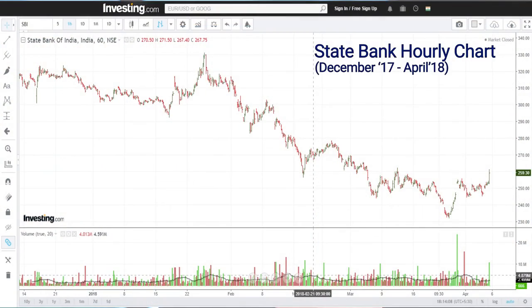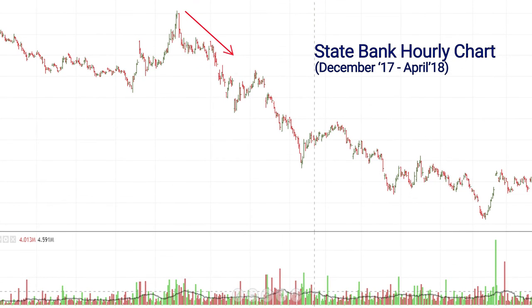For a bearish pennant, let us look at the State Bank of India chart here. As we can see in the State Bank of India chart, initially there was a down thrust movement, and then a triangular pennant formed, and as there was a breakdown by a gap down, someone could have taken a short trade here, and as we can see during the down move also, the volume in the State Bank of India stock increased.